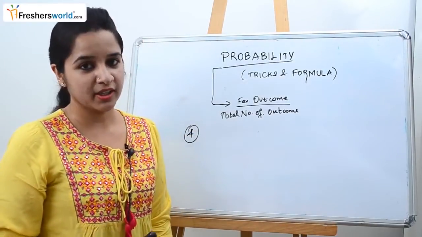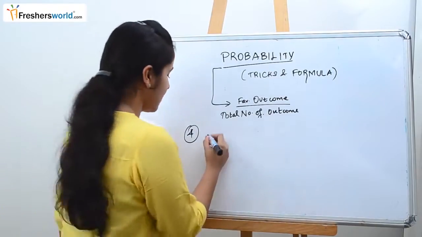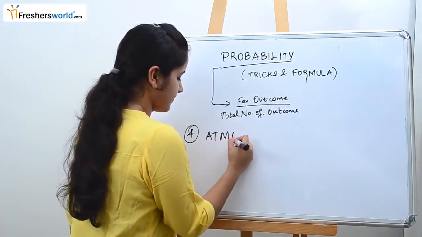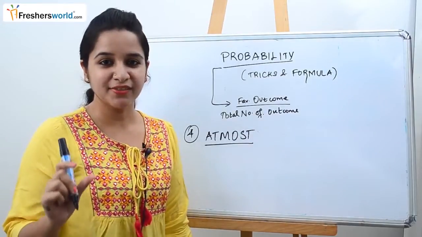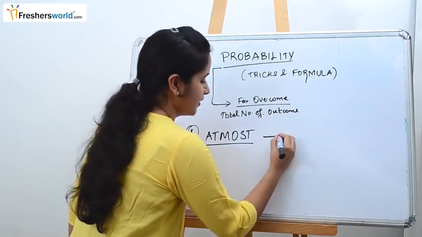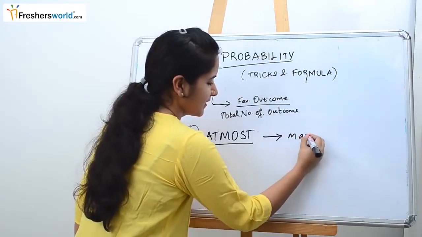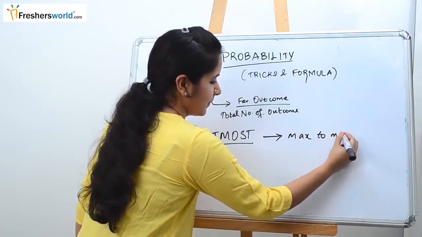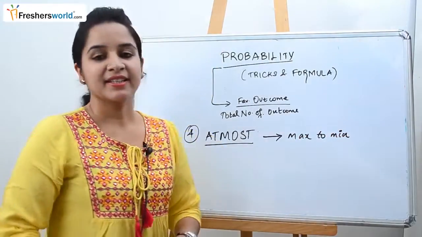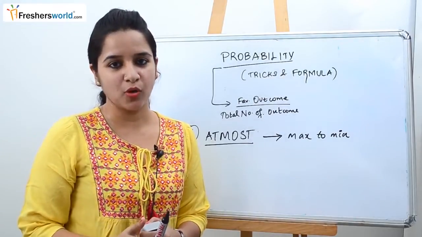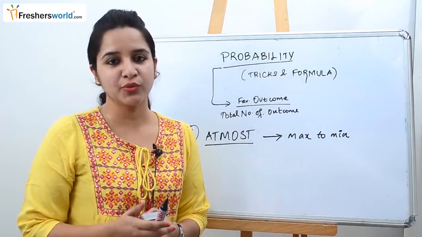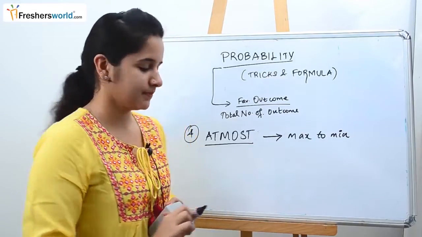The fourth trick one must know is "at most". The words "at most" themselves show the maximum. So here you go from maximum to minimum. Let's take an example. Let's say one bag contains 3 blue balls, out of which at most you need to take 2 balls.